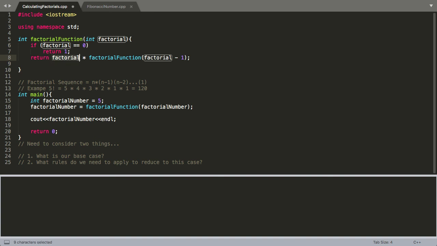And you said, I want to return factorial times, and then I want to call this function again. Now it needs a number here, so it has to enter that function and try to come out with a number. And it does that recursively, of course, all the way down to the first case. And then you get 1 times 1, and then 1 times 2, etc., and it eventually returns out.